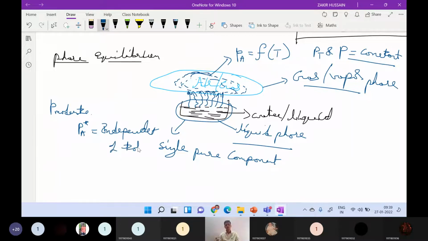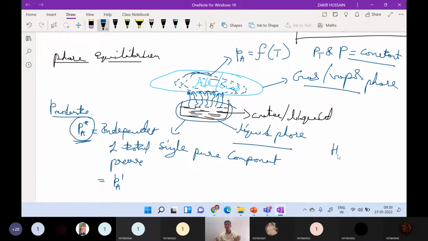This is valid at moderate pressures only. And this equilibrium partial pressure will usually be equal to the vapor pressure of the liquid water. We have already seen that in saturation.